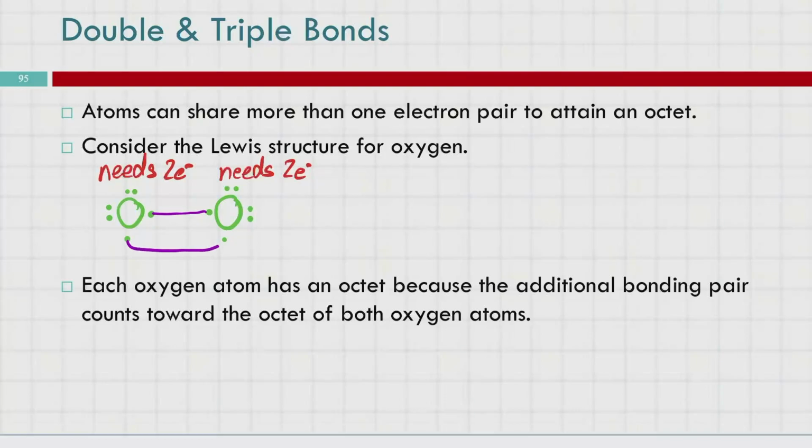However, if we share 2, we add another 1, and what we end up with is oxygen with 2 bonds to another oxygen. And now if we count them, we've got 4 electrons in lone pairs, 4 electrons in the double bond.